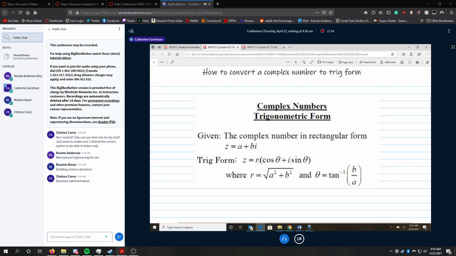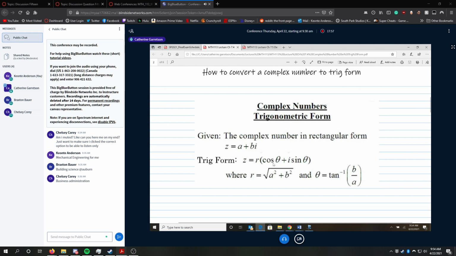So this r here it's like taking the magnitude, really, of a vector. I'm going to take my a and square it. I'm going to take just the b, not with the i, just the b, and square it, and add those two numbers together and put them under a root. And that's what's going to go there. And again, if we end up with something that's not a perfect square, we just want to leave it as a root. Don't convert it to a decimal.